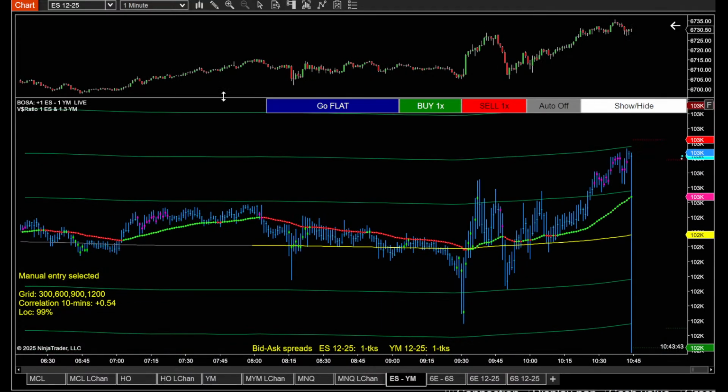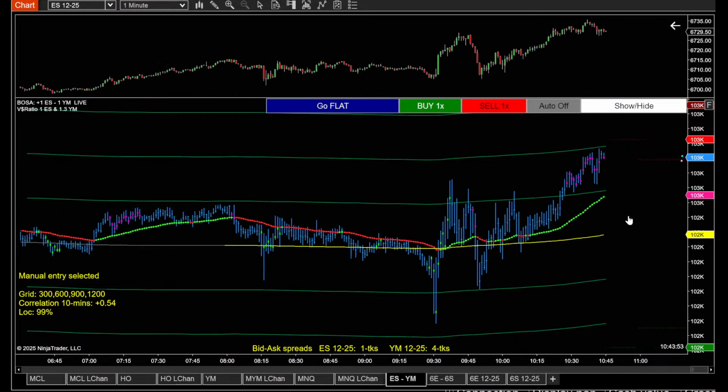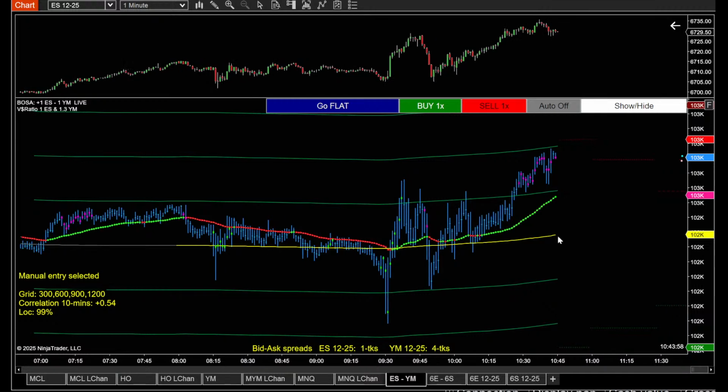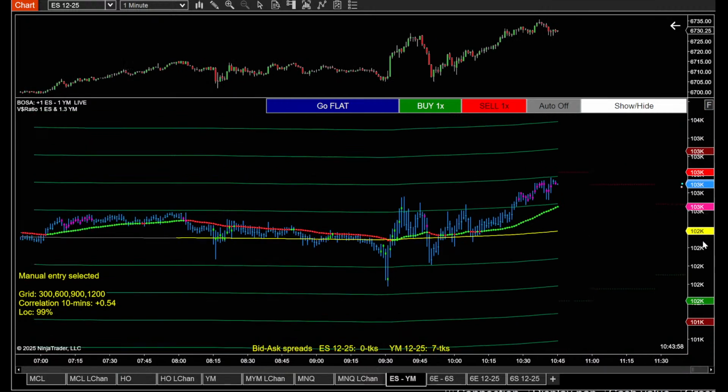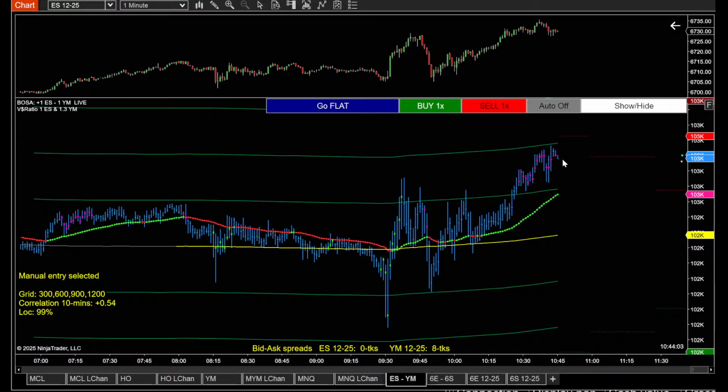Not too much difference here in the ES/YM trade. Although we are doing about $600 away from the MA. This could be a speculative entry right here, going short at this point. I do like to wait for this moving average to get hit.